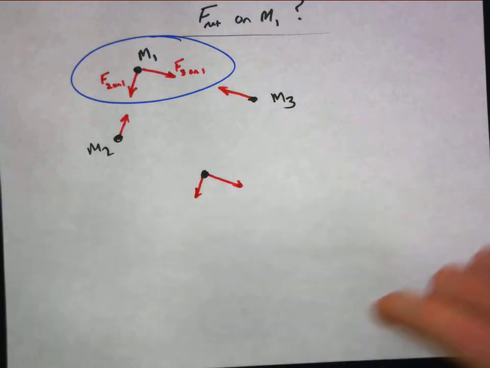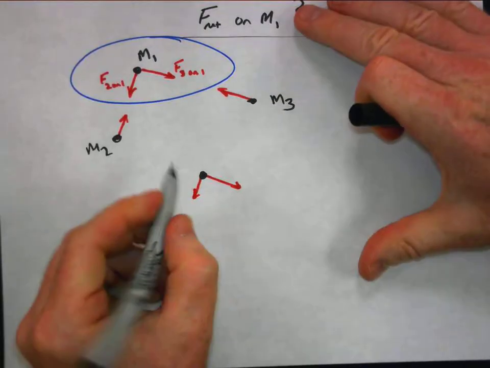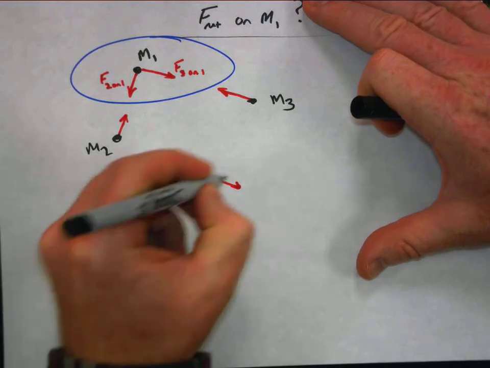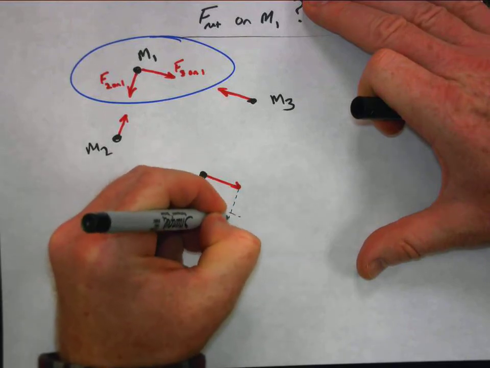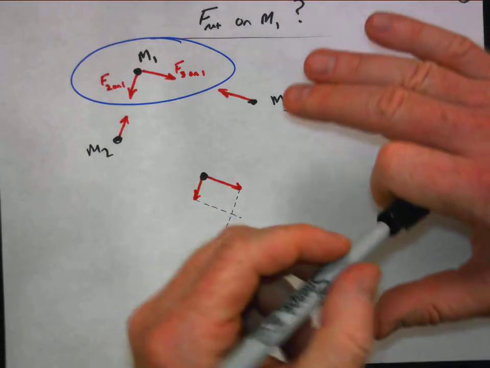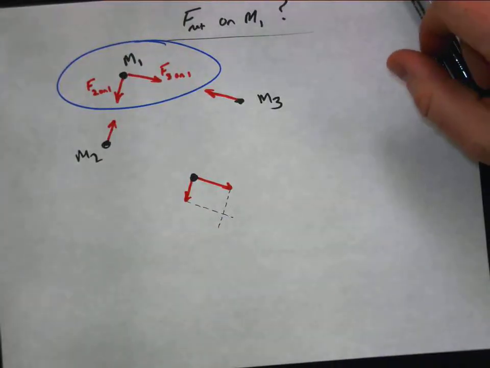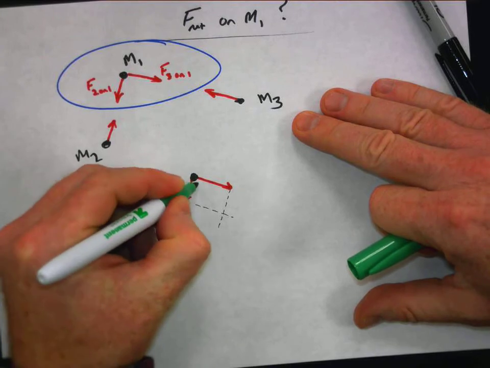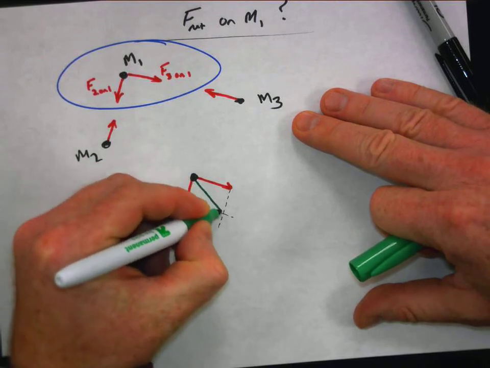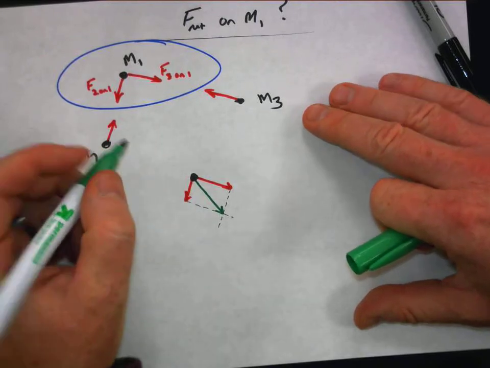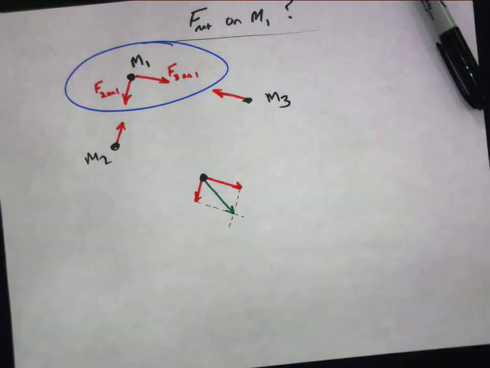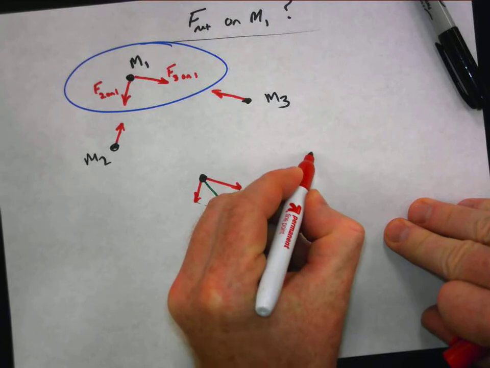A visual way of doing this is to make that parallelogram with those parallel sides. And the resultant of those two forces, when I combine them, is going to go in this direction.